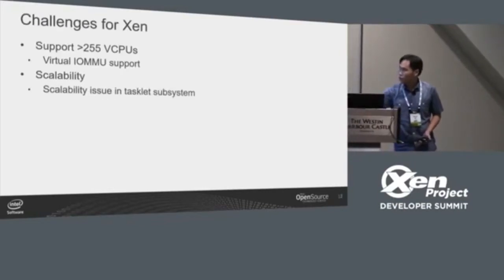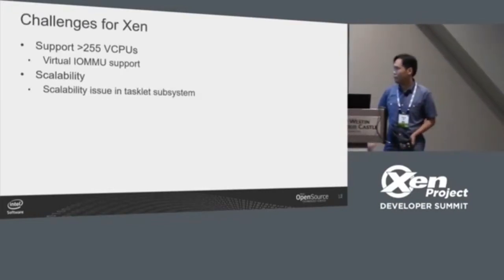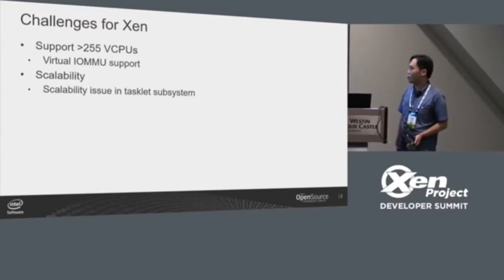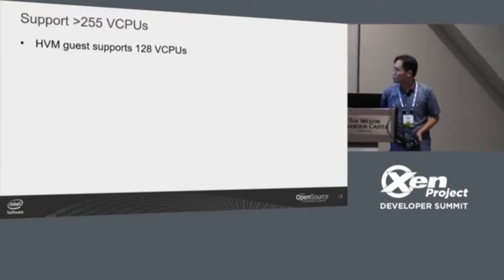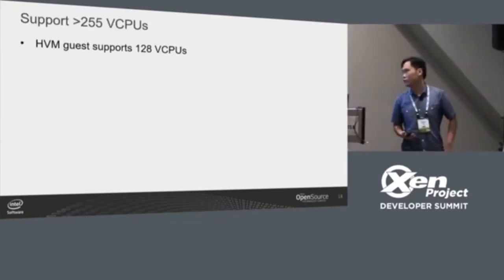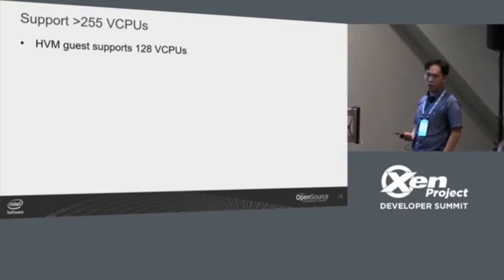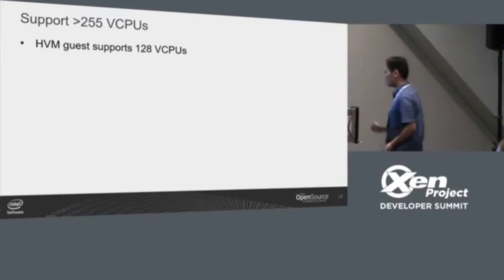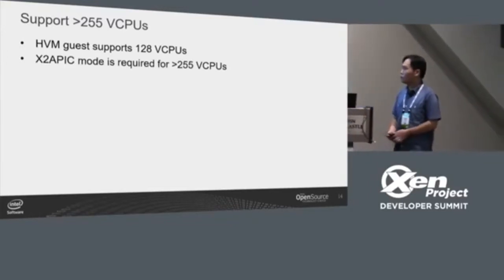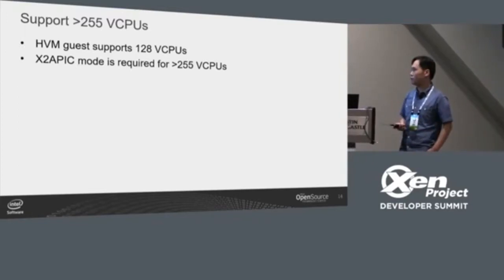Supporting such a huge VM brings some challenges. The first challenge is to support more than 255 vCPUs. Now Xen HVM just supports 128 vCPUs. To support more than 255 vCPUs, it requires the x2APIC mode.